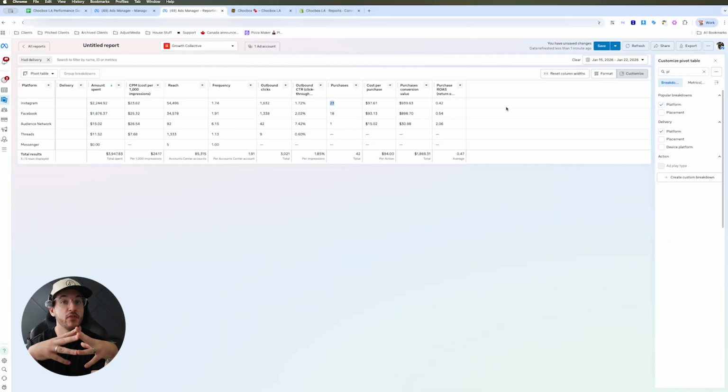The third test that we ran was based on the finding that the Instagram placement comes at a 30% less cost. And so we wanted to take some control away from Meta serving across both placements, Facebook and Instagram, and force Meta to spend very specifically in the Instagram placement.